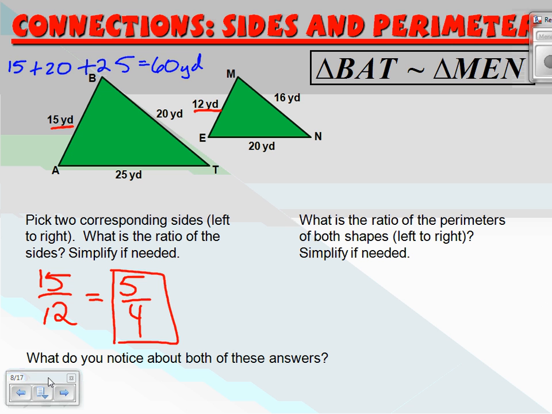What's the perimeter of the right-hand side? Well, that's 12 plus 16 plus 20. What is 12 plus 16 plus 20? Well, the answer to that is 48.